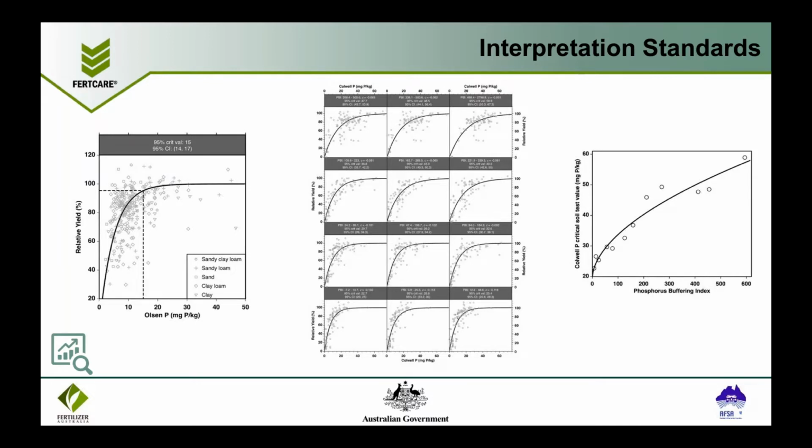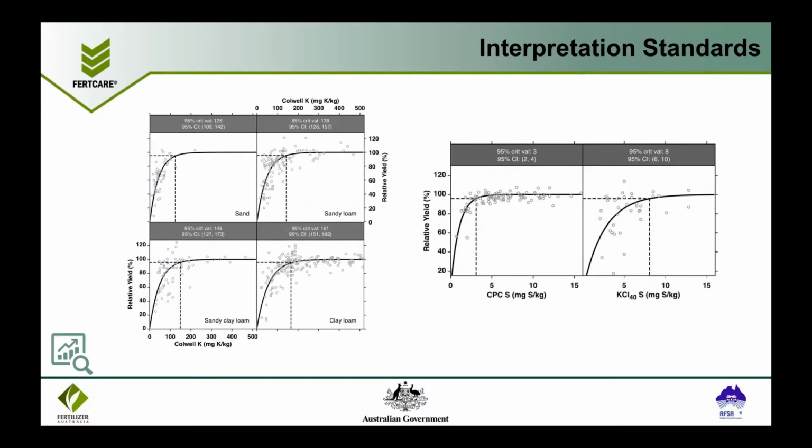For example, you'll see things like Olsen P on the left-hand graph. In the middle set of graphs, you see phosphorus buffering index dependent Colwell phosphorus values. You'll also see things like texture dependent Colwell potassium values and sulfur critical values as well.